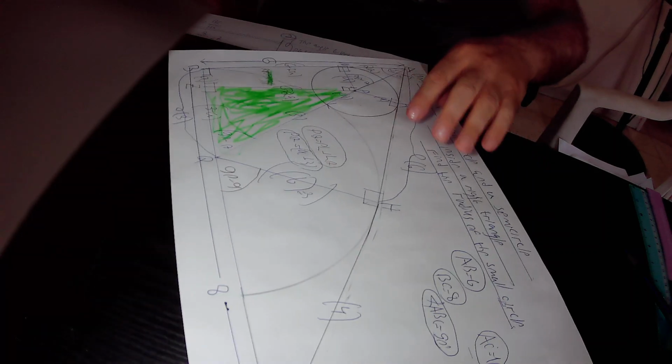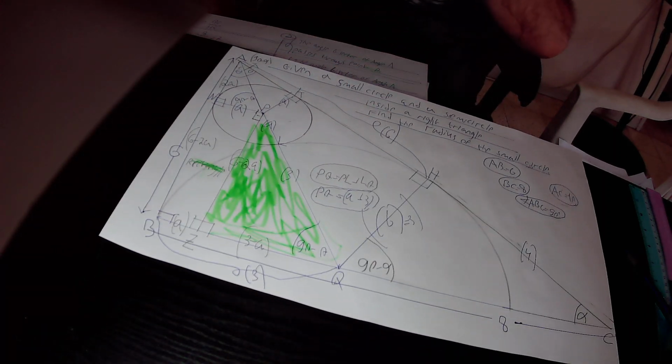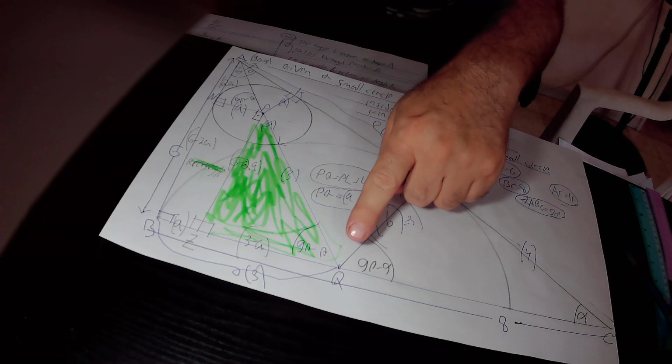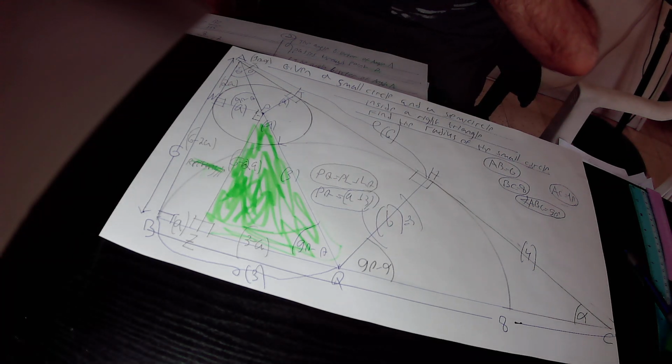Again, according to rule 15, the angle bisector of angle A passes through point Q, that is the center of this big semicircle.